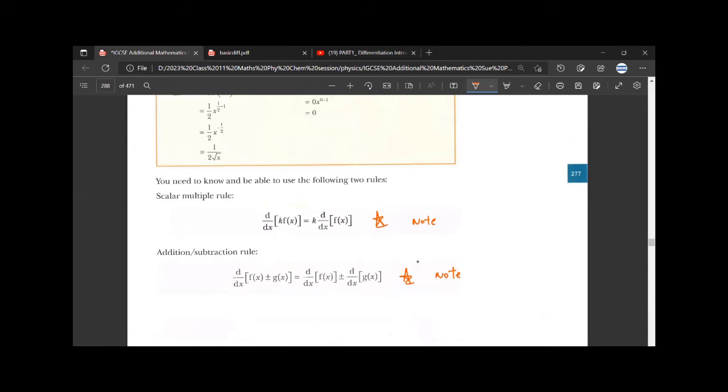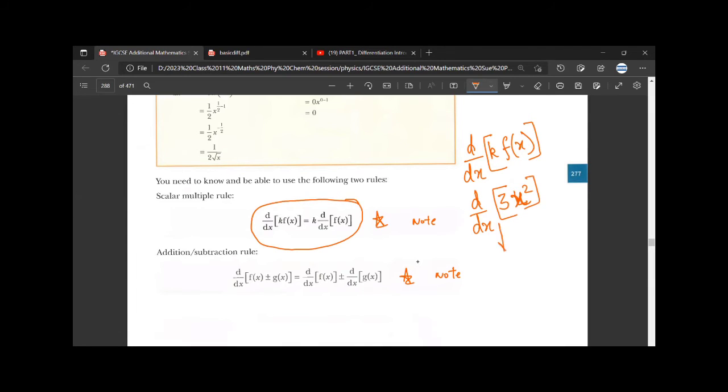this formula: d by dx of constant into f(x). What does this mean? If I have to find d by dx of a constant into a function, what is the rule that I need to follow?